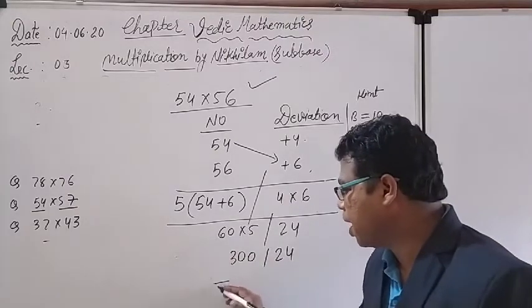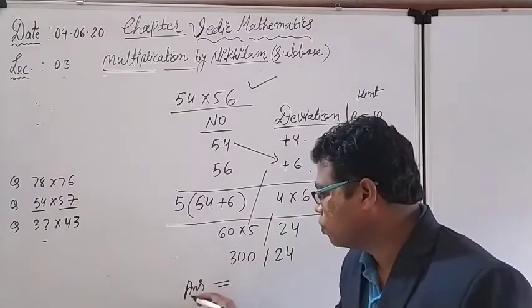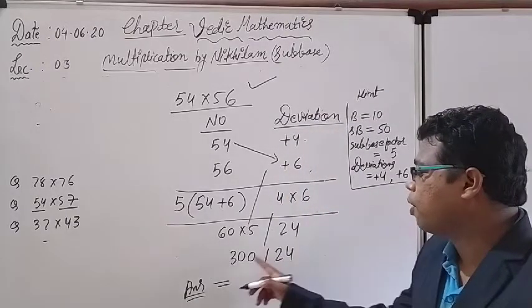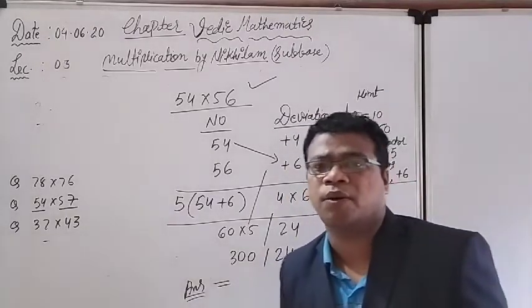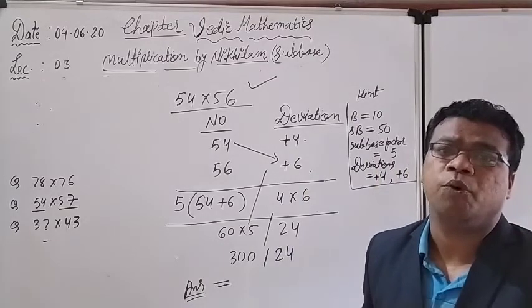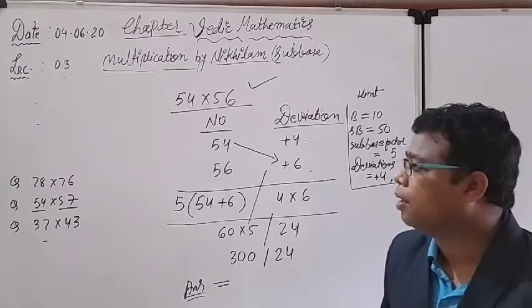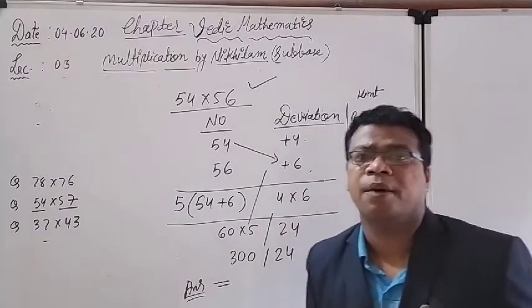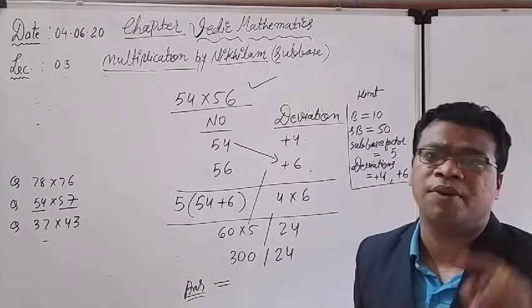Right now here I am getting my answer. So how will I get my answer? See what I have told you. Actually from each part we have to select only one digit, the rightmost digit. Why? Because what is our base here? 10. In the base 10, how many zeros are there? Only one zero.